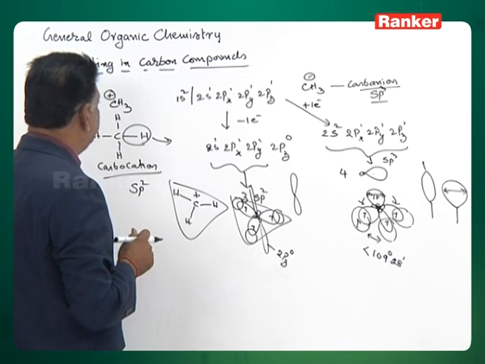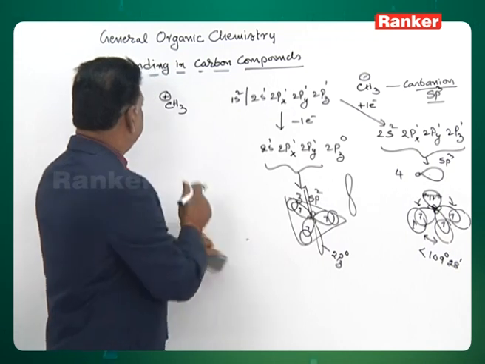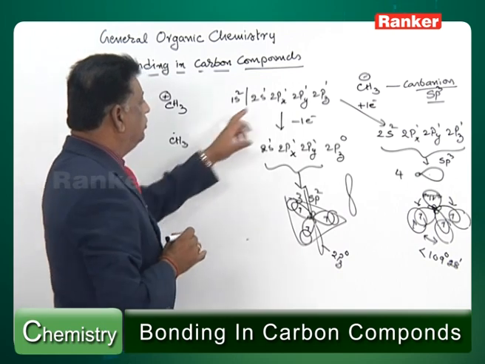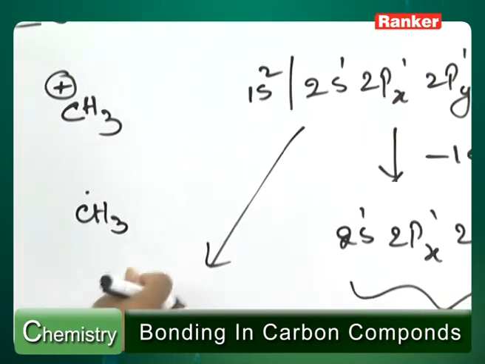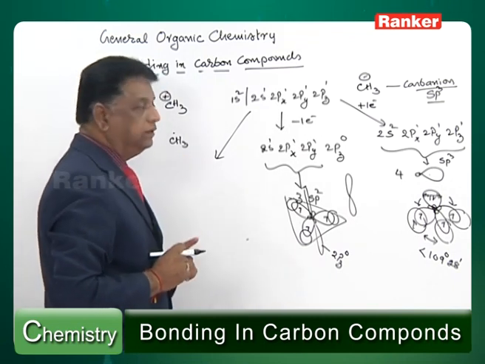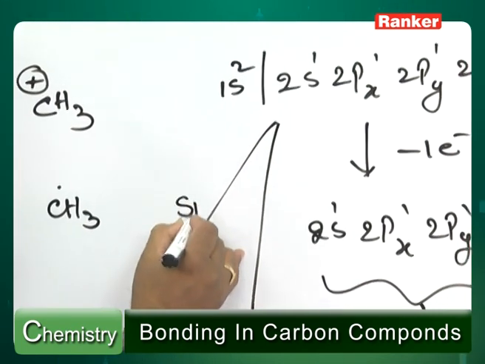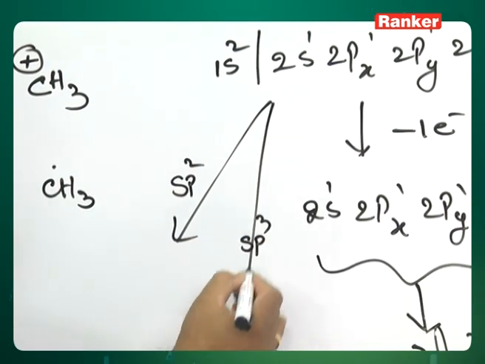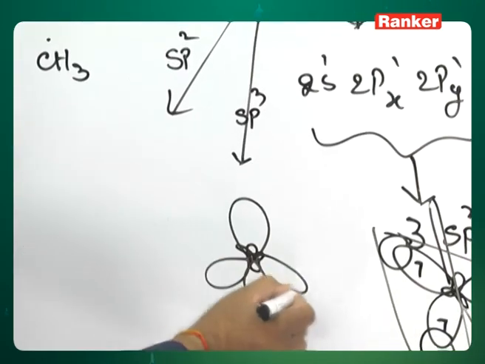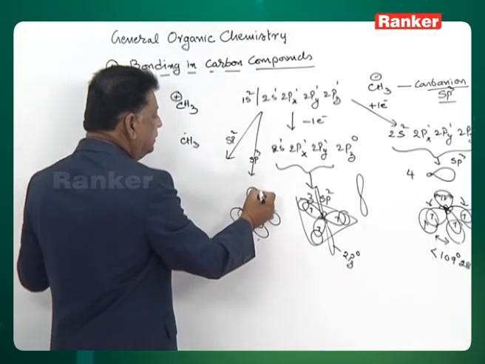We have another type of species, CH3 dot, which is a free radical. In the free radical, there is no loss and no gain, so the same electrons are there. There is evidence that it may undergo sp2 as well as sp3, so we have two options. If it undergoes sp3, all hybrid orbitals are there, 3 overlap with the hydrogens, and 1 is an unpaired sp3 hybrid orbital.